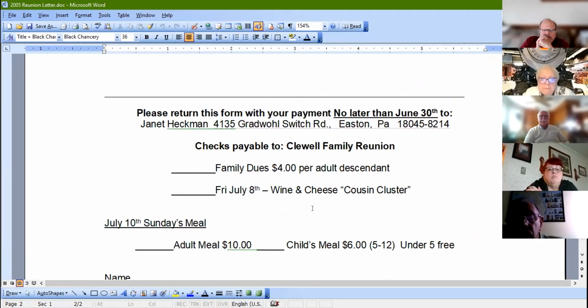And at the bottom of the letter, there was a little slip that they could tear off and send in, and they could check whether they're sending in dues, or monies for the luncheon.